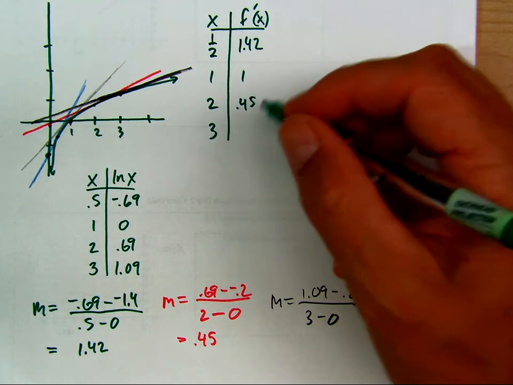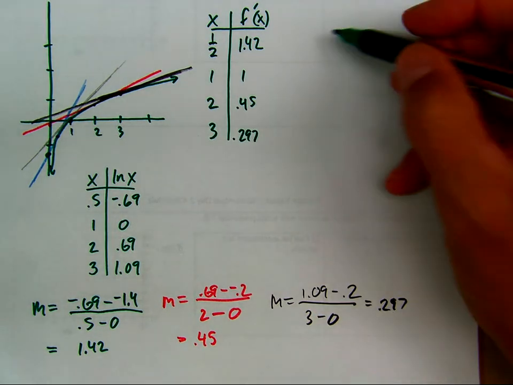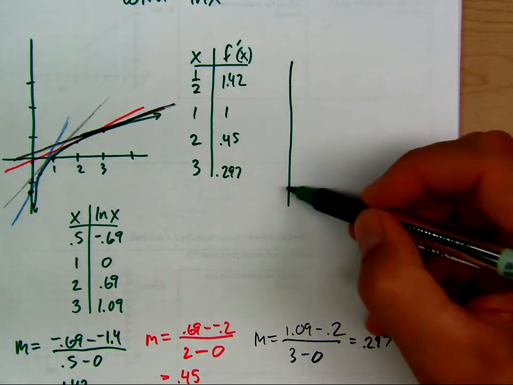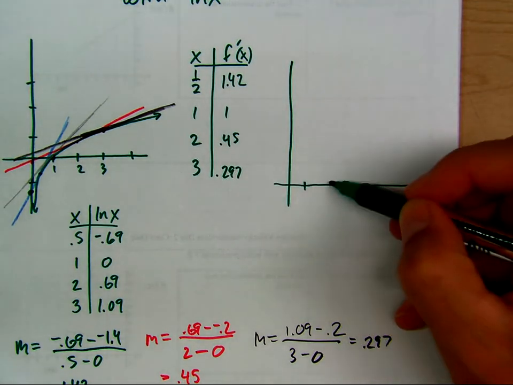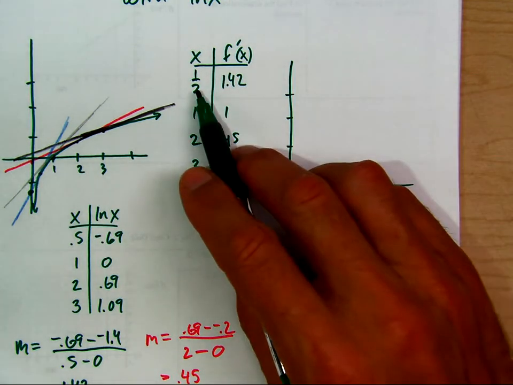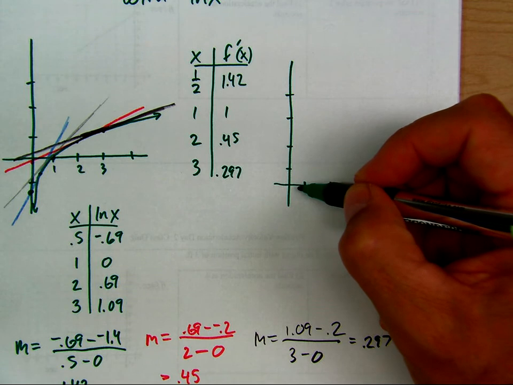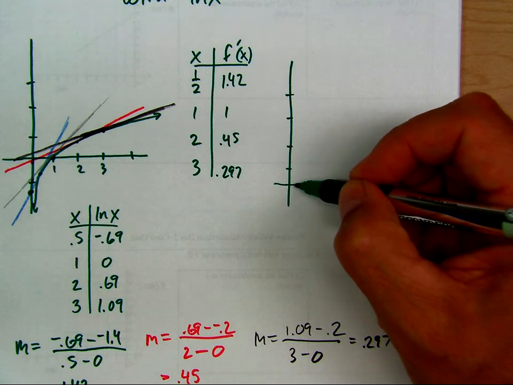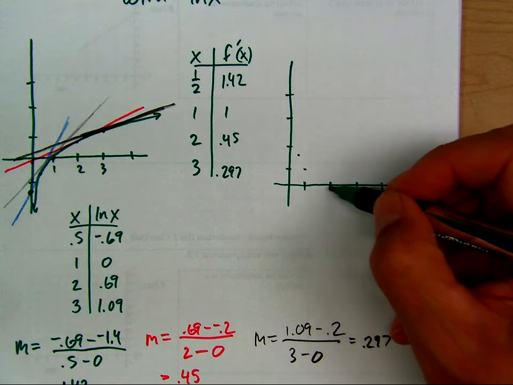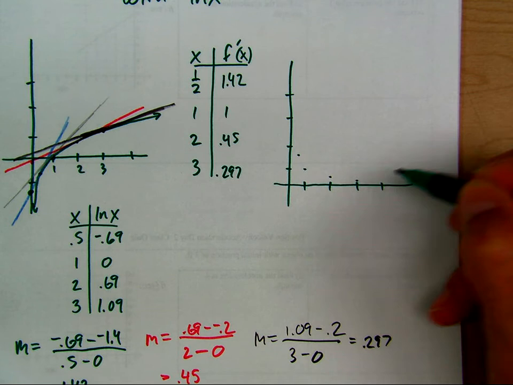And here we have 0.297. So at a half, we go to 1.4. At 1, we go to 1. At 2, it's about half. And at 3, it's about 1/3.